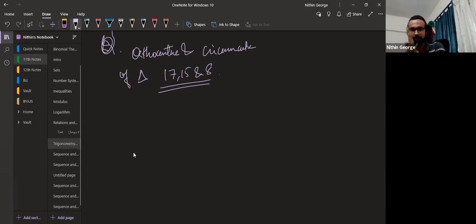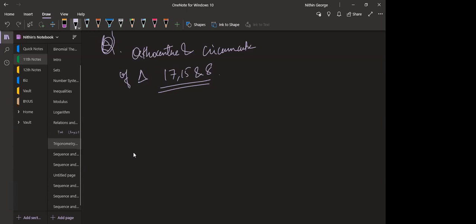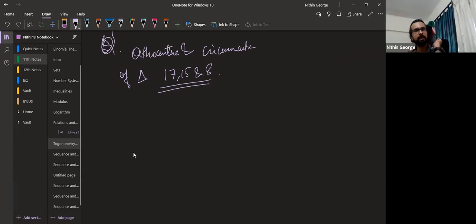Just think like that. You know what orthogonal is, right? All perpendicular ideas are ortho. When you say orthocenter, it's where all three altitudes meet. You know what an altitude is, right? You take a vertex and then drop a 90 degree line from the vertex to the opposite side. That's an altitude.